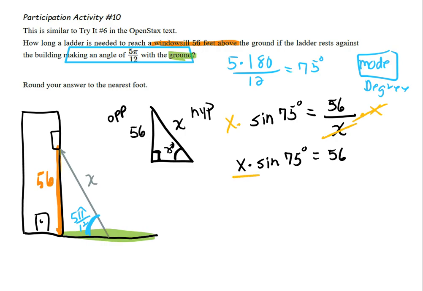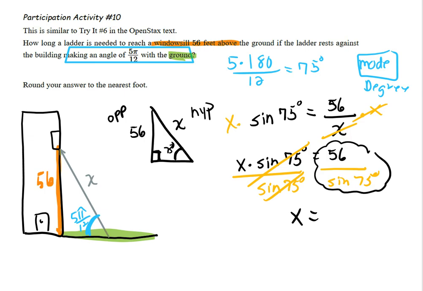And now I'd have to divide both sides by the sine of 75 degrees. So that cancels, and that leaves me with X equals, and I'm going to punch this into my calculator. And when I do, I get 57.975, and it goes on after that.